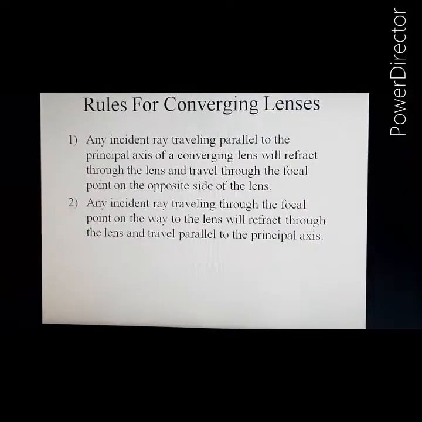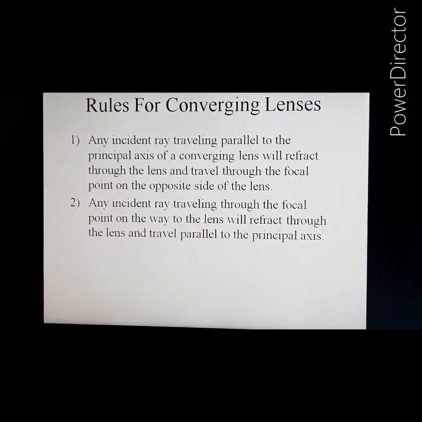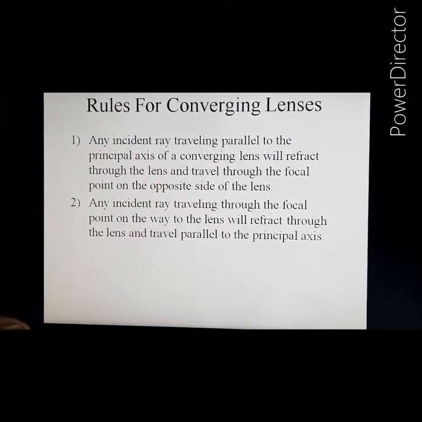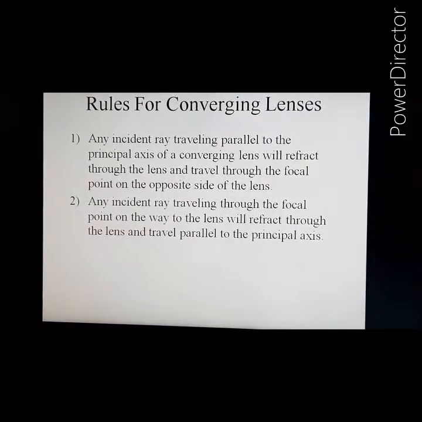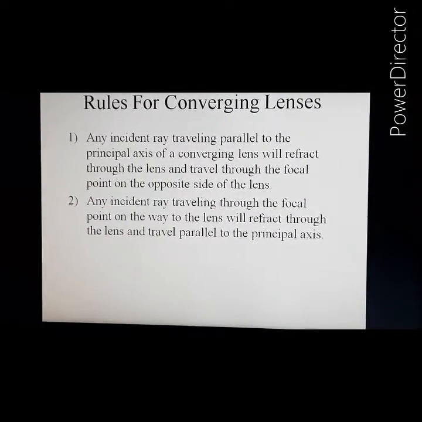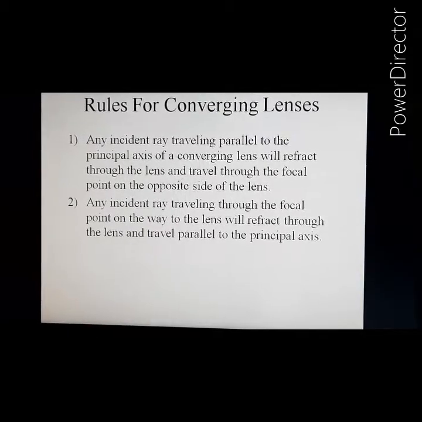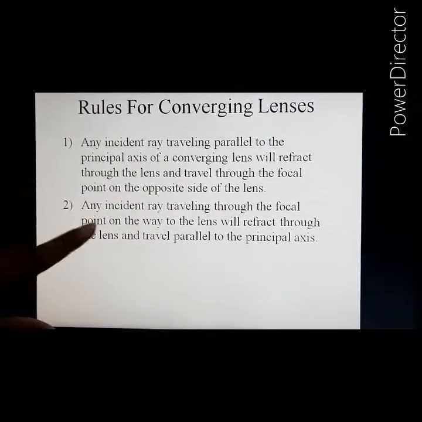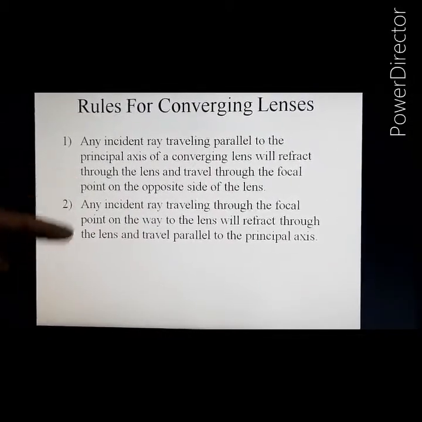That is what we discussed. Any light ray traveling through the focal point on the way to the lens will refract through the lens and travel parallel to the principal axis. It means it is completely converged to the first point which you are seeing.